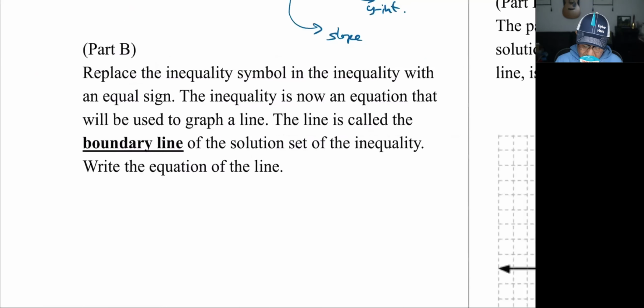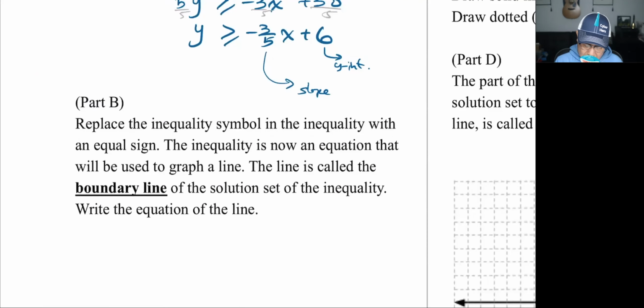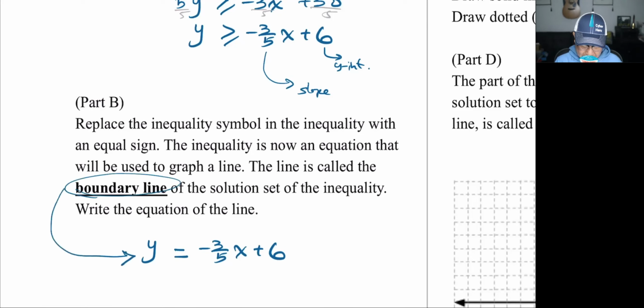So what we can do is just simply copy this over here, and instead of having the inequality, you just replace any of the inequality signs. It could be greater than or equal to, less than or equal to, any of them, simply with an equal sign. And that thing now is called the boundary line. Okie doke. All right, let's just keep that in mind.